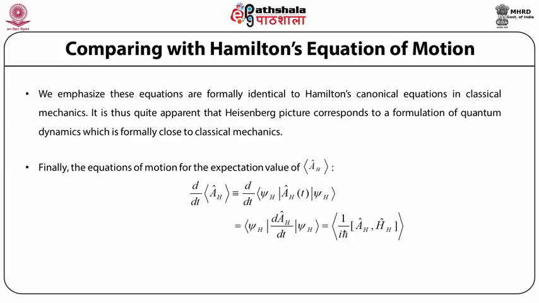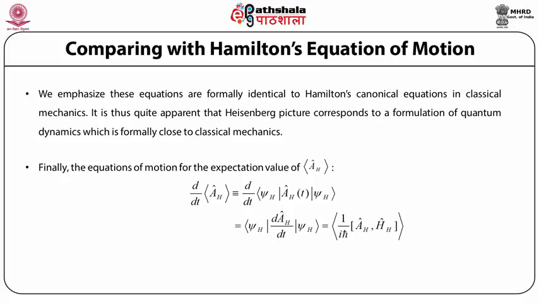And this can further be written as ⟨ψ_H| dA_H/dt |ψ_H⟩, and this is equal to the expectation or the average value of (1/iħ)[A_H, H_H].